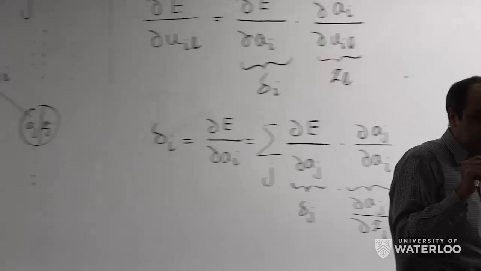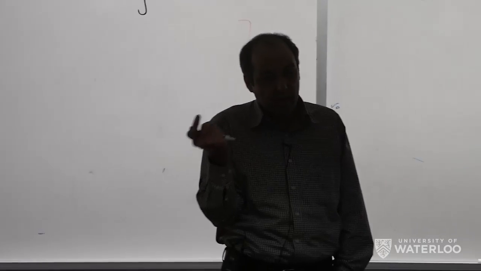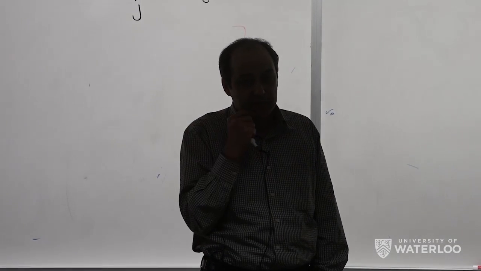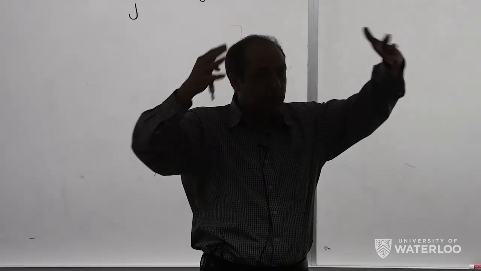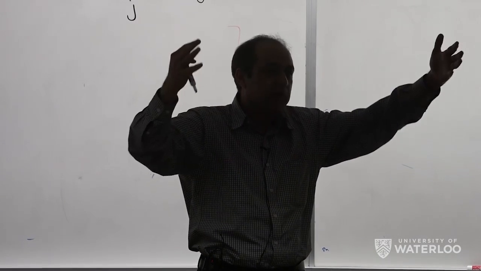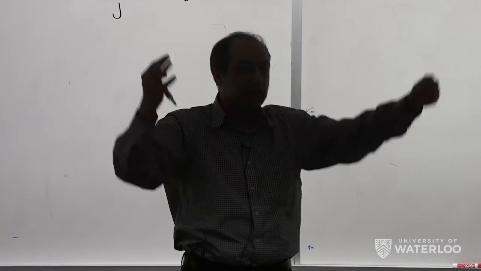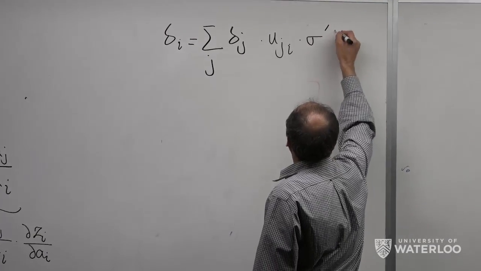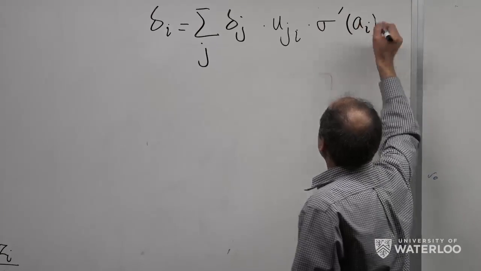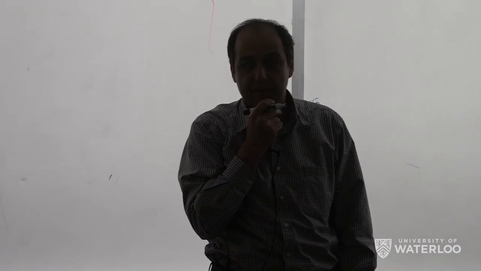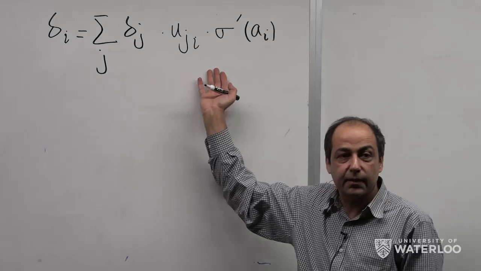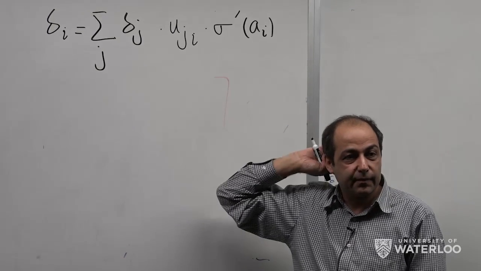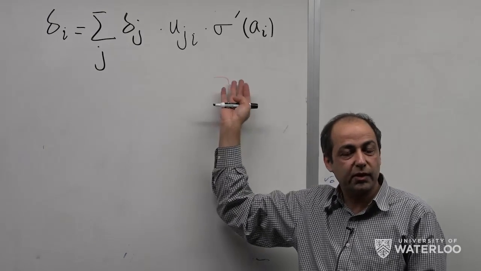Now I'm taking derivative of sigma AI with respect to AI, right? So it depends on the form of sigma. So that will be the derivative of sigma, right? So this last term is derivative of sigma at point AI. Is that clear? Are there any questions here?